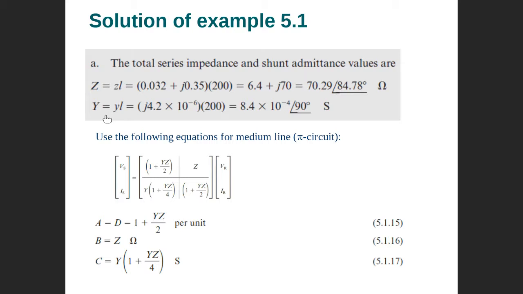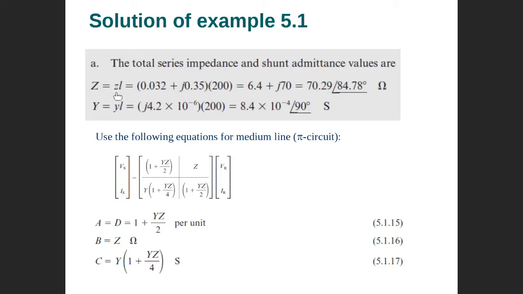Conductance plus susceptance, as a complex number, gives you the admittance. The resistance plus the reactance give you the impedance, or the series impedance. We call this the shunt admittance.